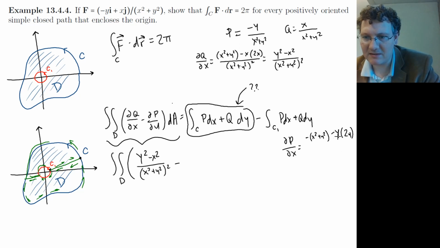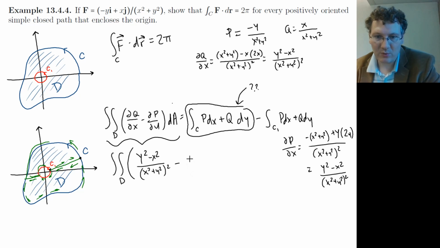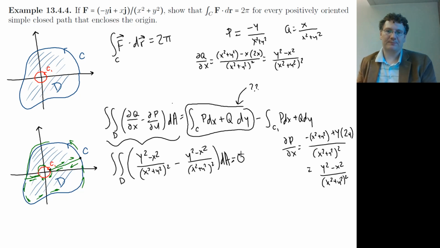Oh, it's minus, so it's going to be plus y squared, all over x squared plus y squared squared. This is y squared minus x squared over x squared plus y squared squared. So what we're subtracting is y squared minus x squared over x squared plus y squared squared dA. This is the integral of 0, so this is actually 0.